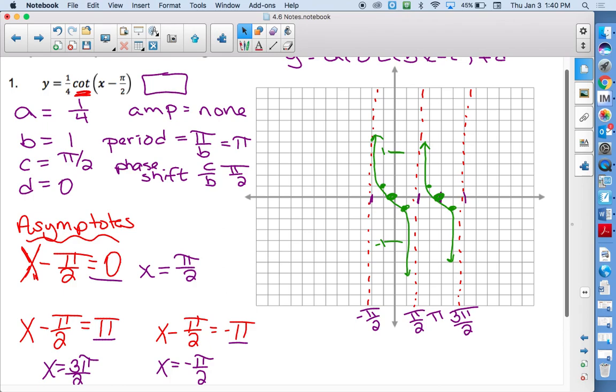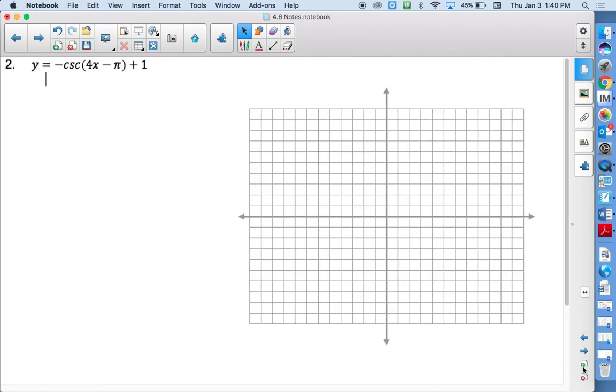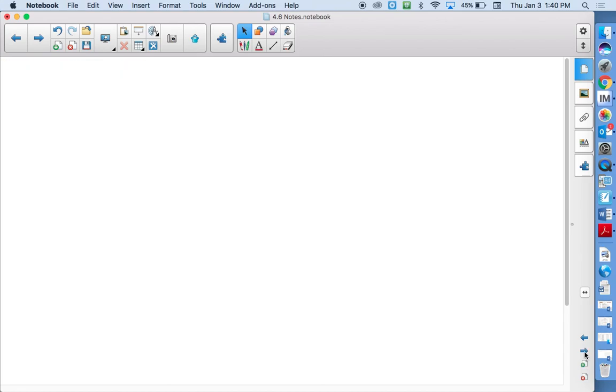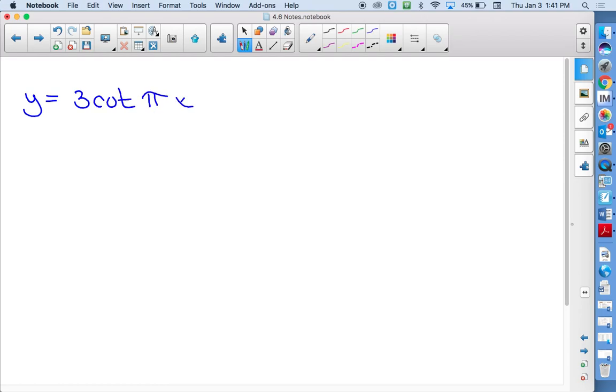So we're going to do 14 as well, and I'll talk a little bit about 35. So 14 said y equals 3 cotangent of pi x, so another cotangent graph. So we'll just look at that one. A is 3, B is pi.